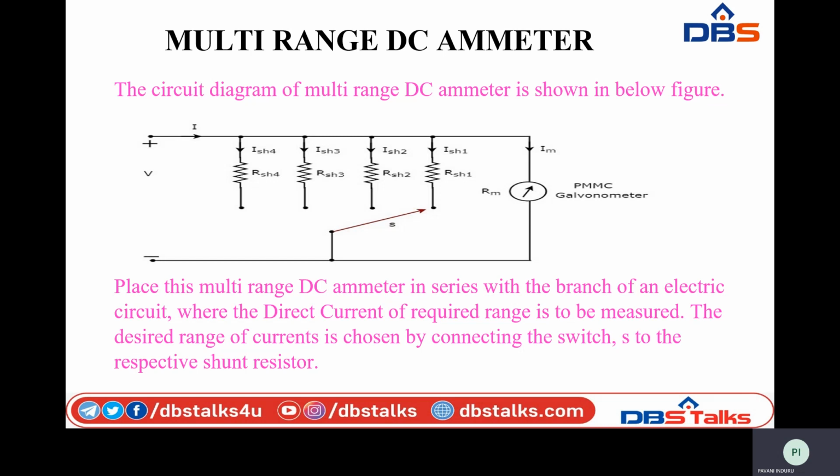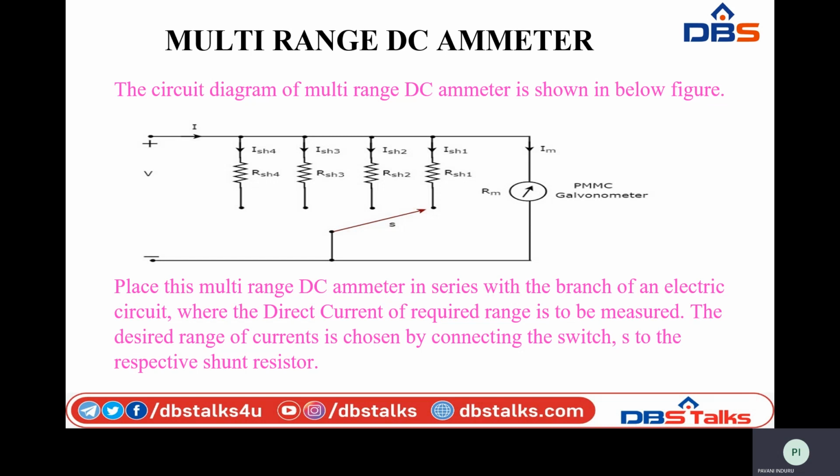If you look at the circuit diagram, we have one PMMC galvanometer connected, and we have taken four different shunt resistors connected across the PMMC galvanometer: RSH1, RSH2, RSH3 and RSH4.